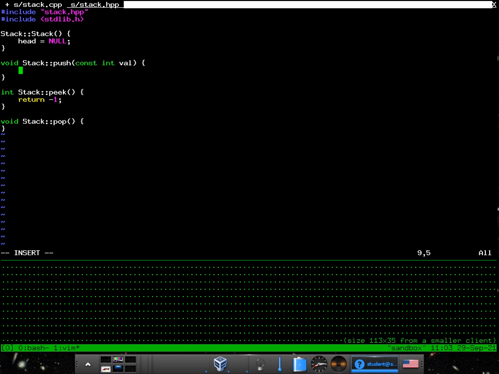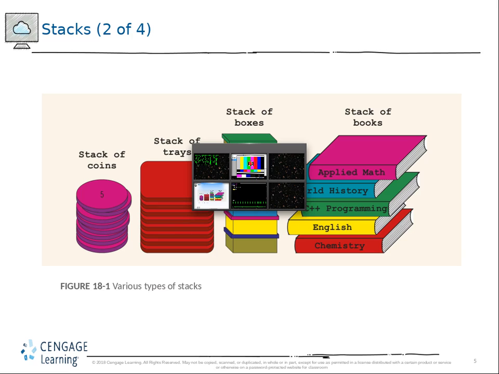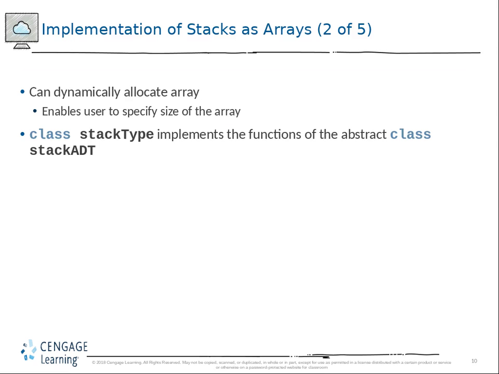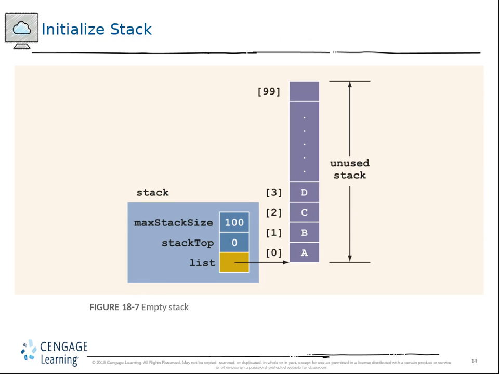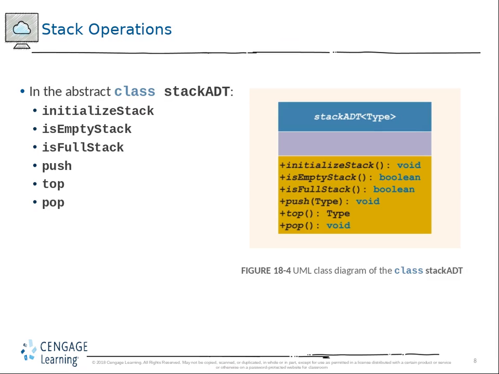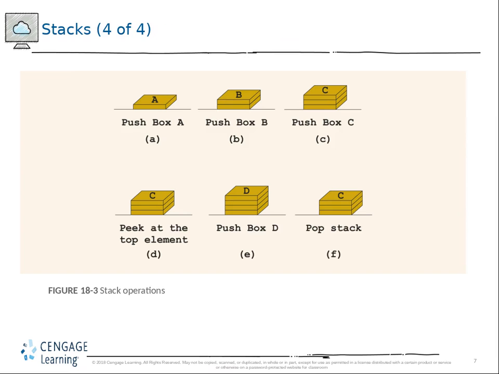Okay, well, so how do we push? So did we get little pictures? Let's see. No, they're just talking about the array implementation. Okay. Oh, here we are. So we have empty, and then we push A, and it just contains A. We should do that.